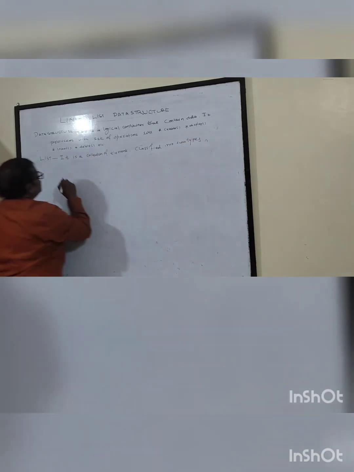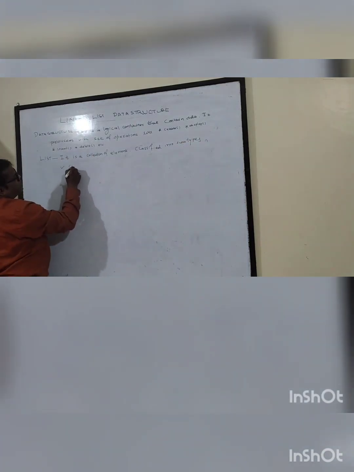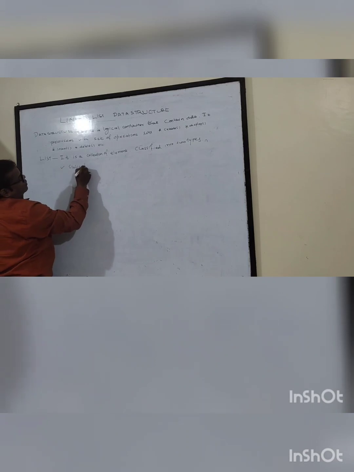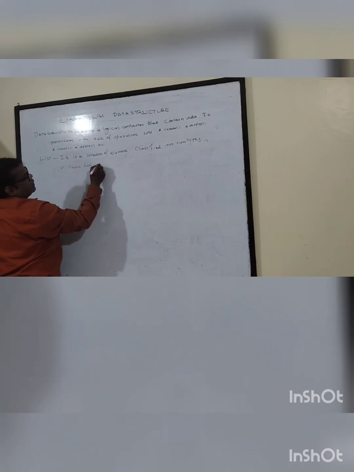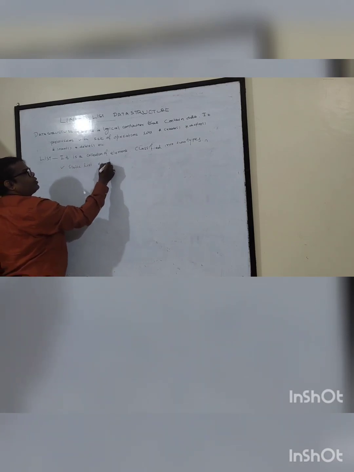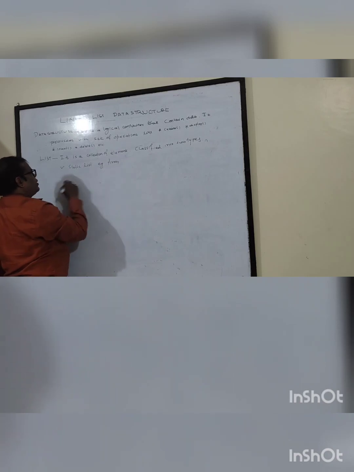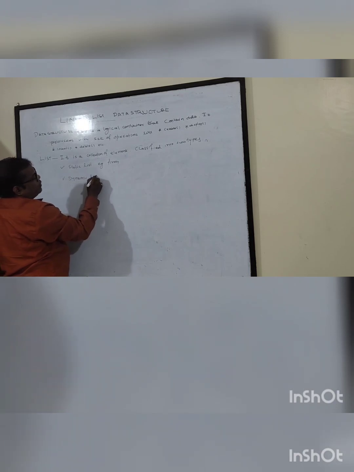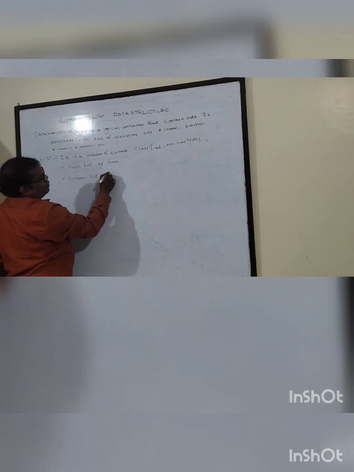One is called a static list, for example an array, and the other is a dynamic list, for example a linked list.